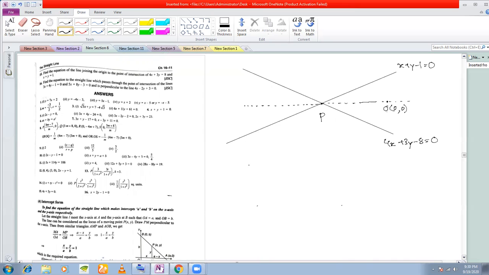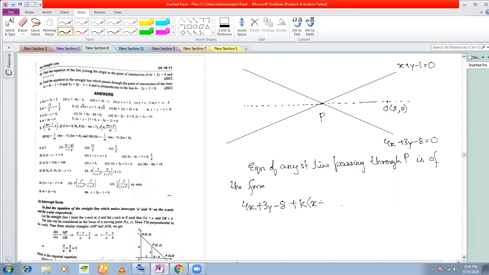So the equation of any straight line passing through P is of the form 4x plus 3y minus 8 plus k times x plus y minus 1 is equal to 0.